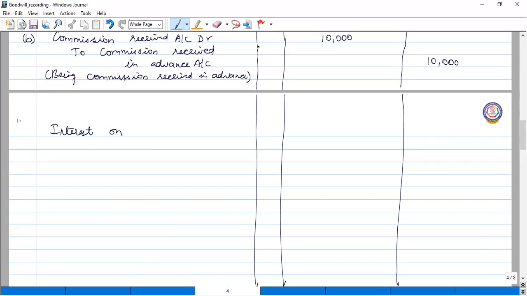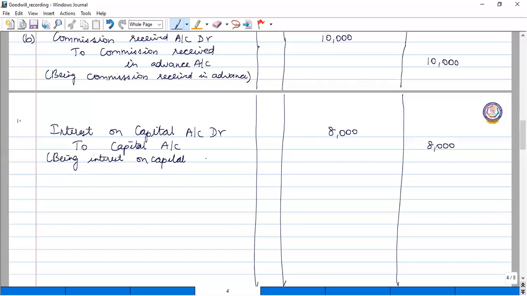So interest on capital account debit, to the capital account, because unless and until the proprietor withdraws money from the business, it's going to be only in capital account. So we are transferring it to capital account. The amount is 8,000 rupees. And in the narration we'll mention being interest on capital allowed.